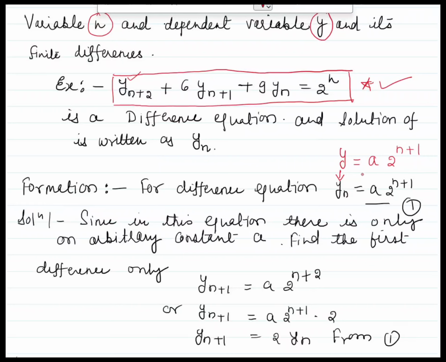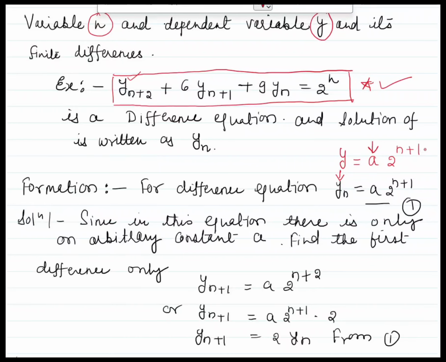So suppose we have only a simple relation between dependent and independent variable, and we want to create our difference equation. So what we see here is how many arbitrary constants belong in that relation. Relation means relation between dependent and independent variable only.